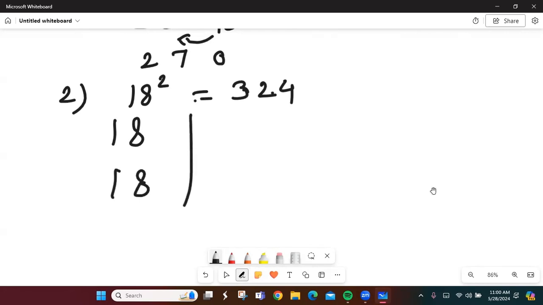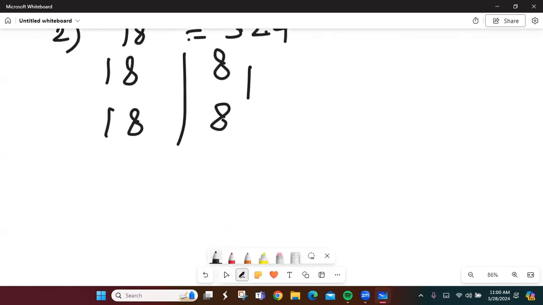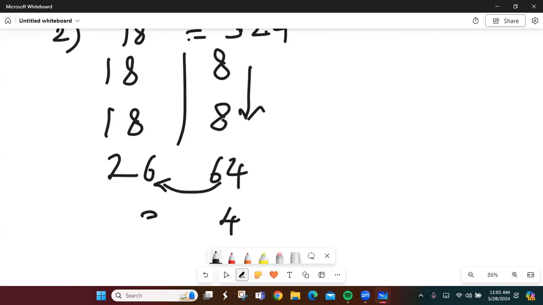Now since I'm considering base 10 and 18 is 8 more than the base 10, I'll write 8 and 8 here, multiply. 8 8s are 64. And 18 plus 8, that is 26. Now, since the base is 10, I'll keep only 4 here and carry forward 6. 26 plus 6 is 32. And hence 18 square is 324.